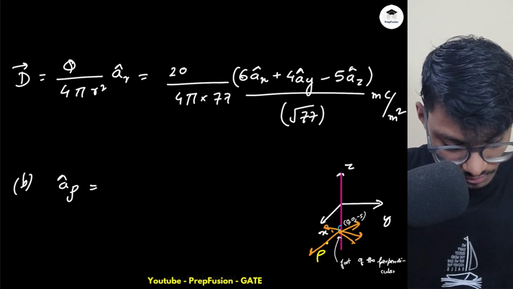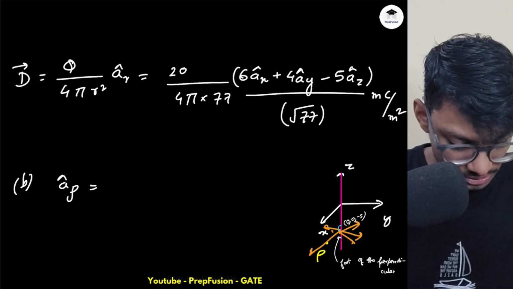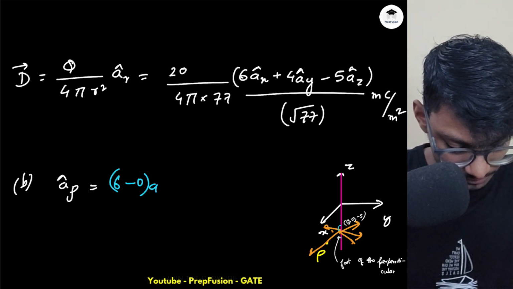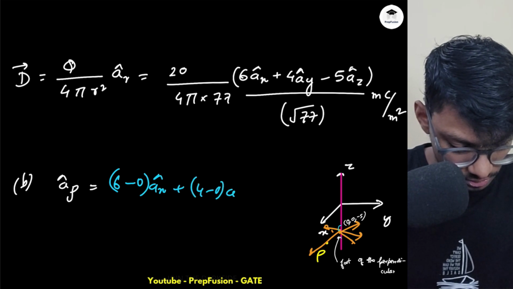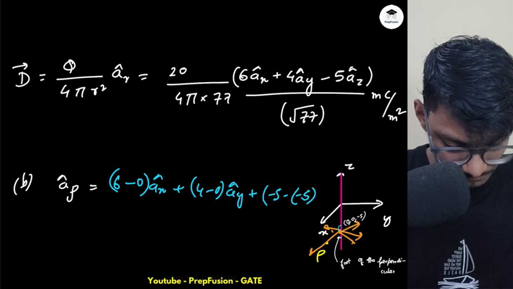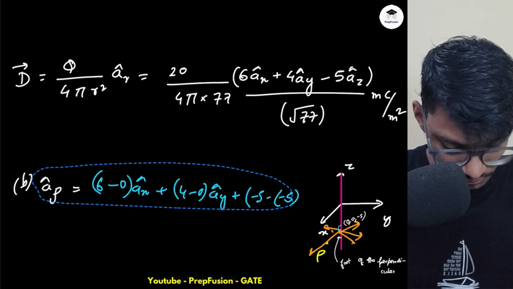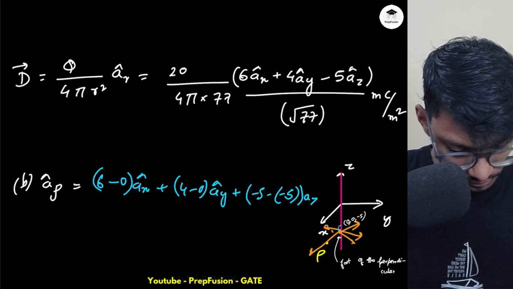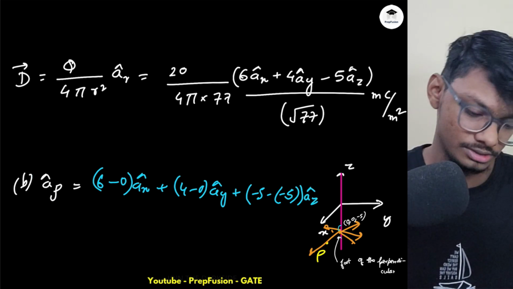So arrow cap will be just 6 minus 0 ax cap plus 4 minus 0 ay cap plus -5 minus -5 az cap.